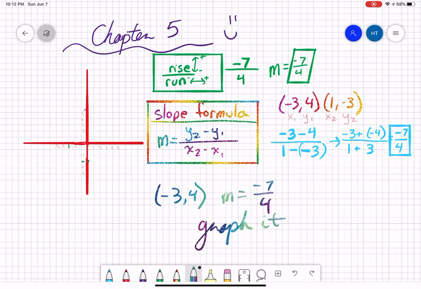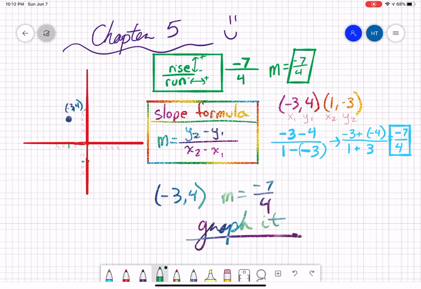And for those of you that can't read cursive, this is graph it. Well, the first thing I do, I'm going to plot my point. So I'm going to go to -3, up 4, and plot my point. I'm also going to label it just so I remember that that's my -3, 4, and I don't have to look back at the numbers.